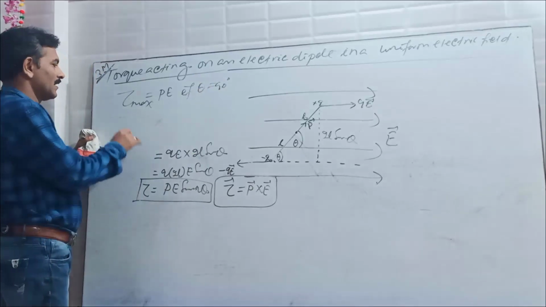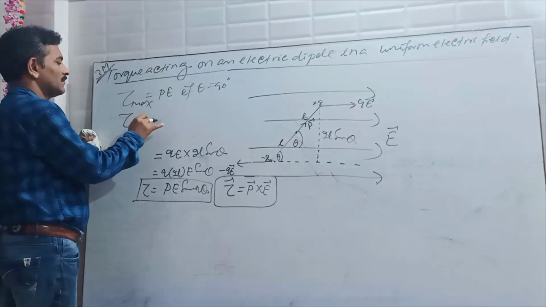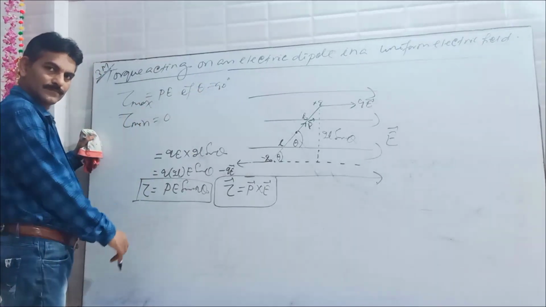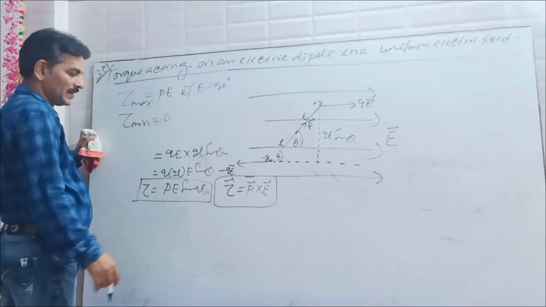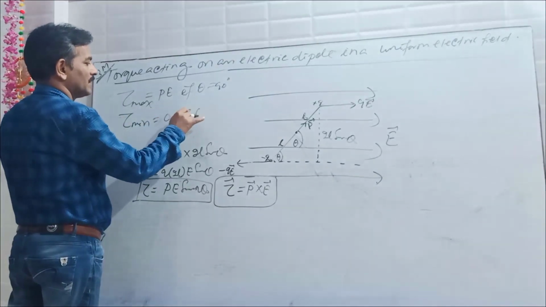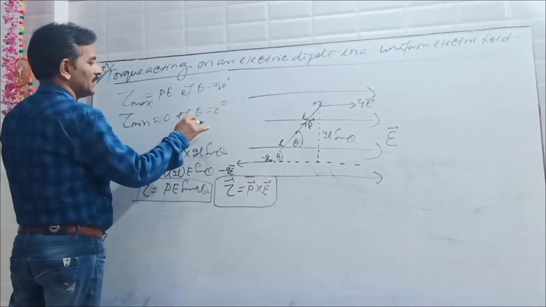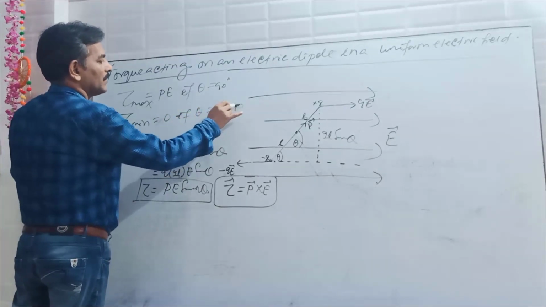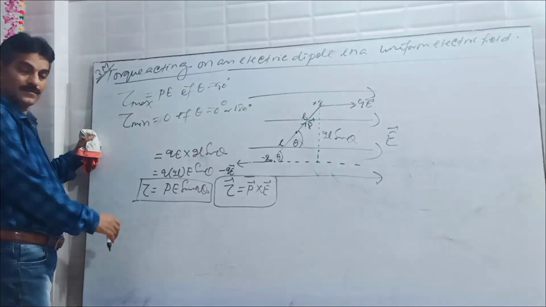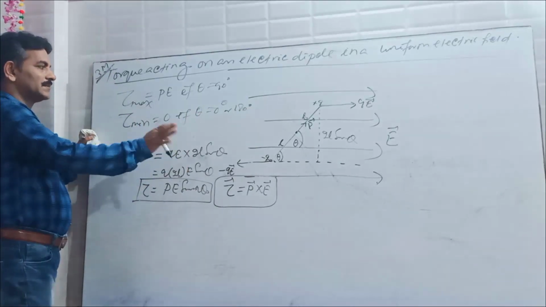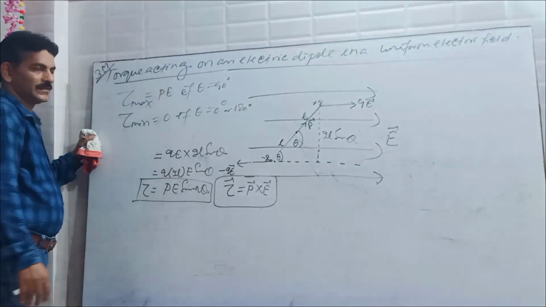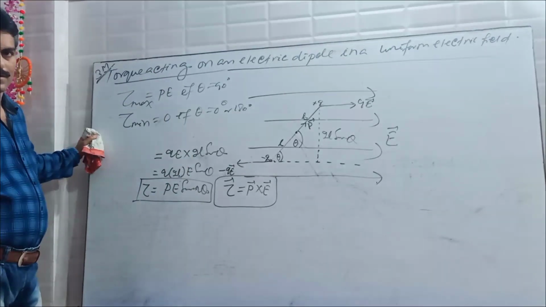Got that? And what is the tau minimum? It is 0. Tau minimum is 0 if theta is 0 degree or 180 degree. So sin 180 is 0, sin 90 is maximum. Do you follow me or not?